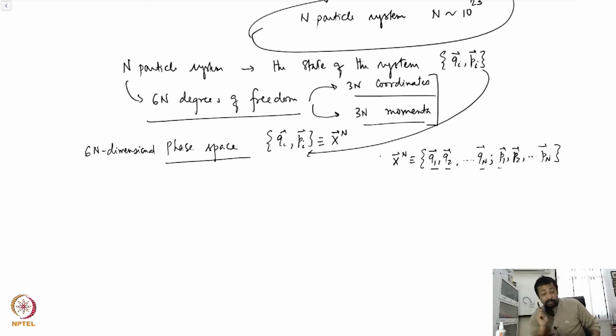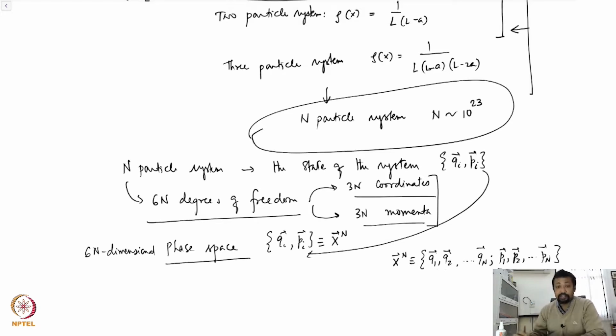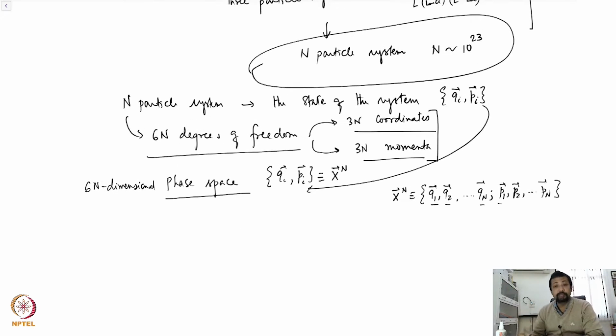However, one has to realize that since this contains so much information, this deterministic picture of keeping track of all the coordinates and the momenta, starting from the initial conditions at all later times, is just an impossible task. So what do we say?